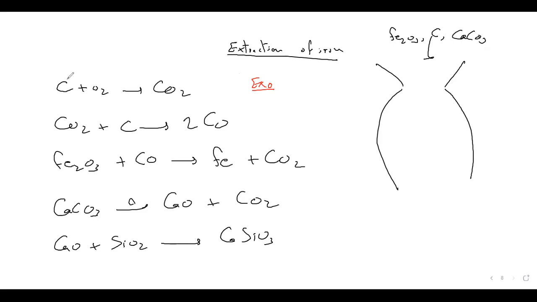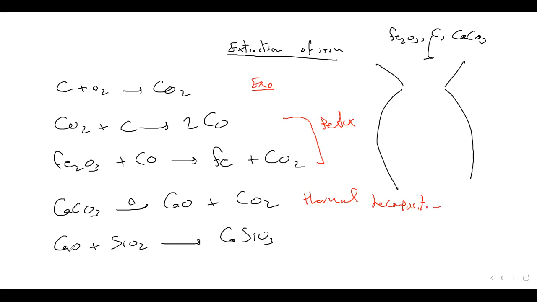What is the importance of carbon as a source of energy? And it produces carbon monoxide that reduces the iron oxide into iron. The second and third equations are redox reactions, oxidation and reduction. Then limestone is heated to form lime and carbon dioxide, the thermal decomposition.